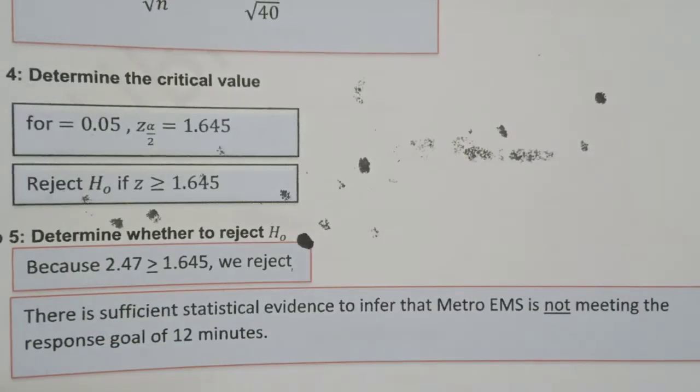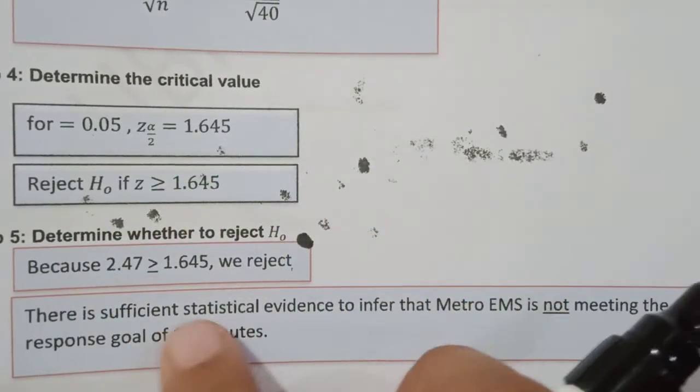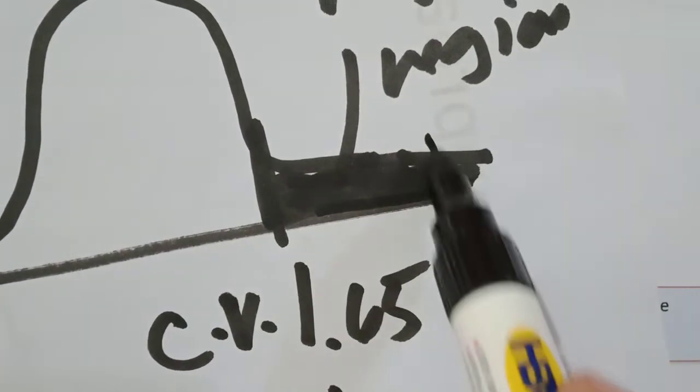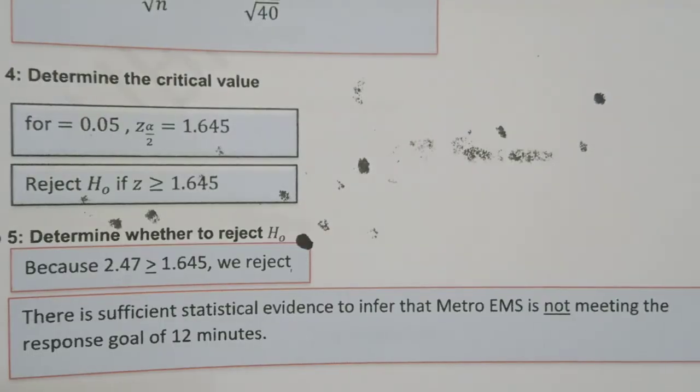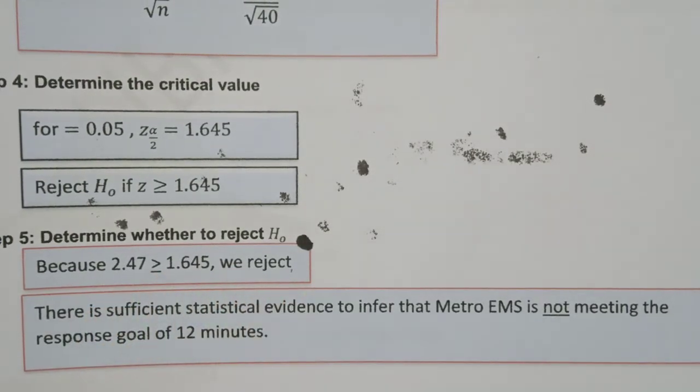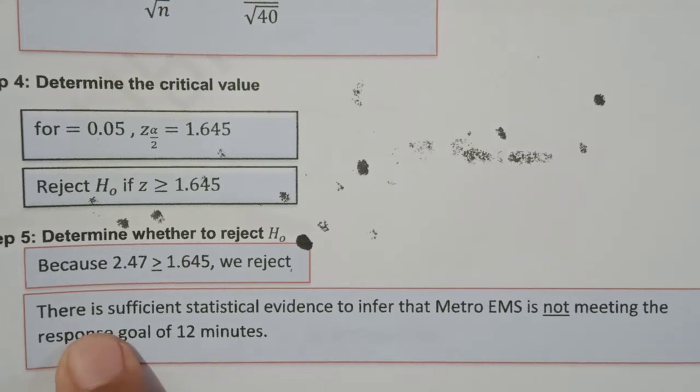Kasi pagka ang critical value mo ay 1.65, ang na-compute mo ay 2.47, syempre automatic nandito siya sa portion na ito, yung ating Z. Kaya mare-reject nga yung null hypothesis. So we reject.